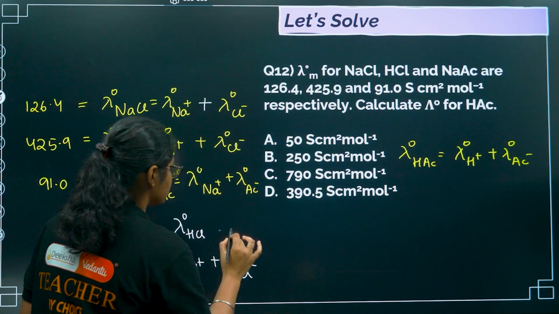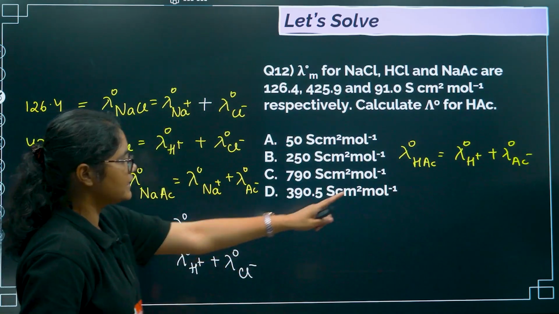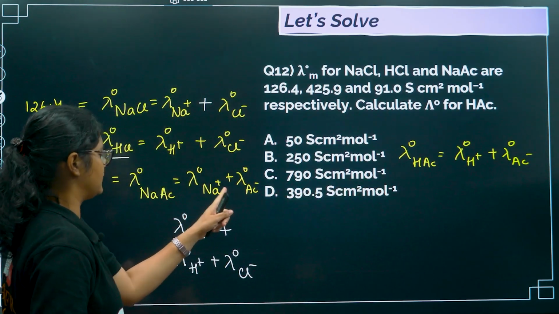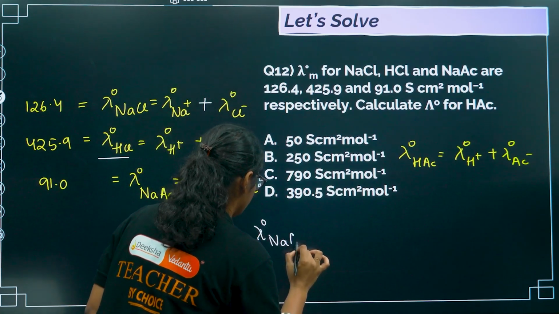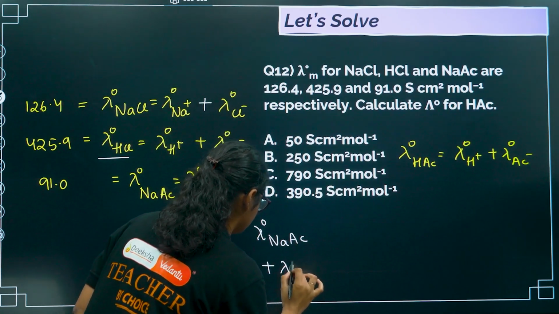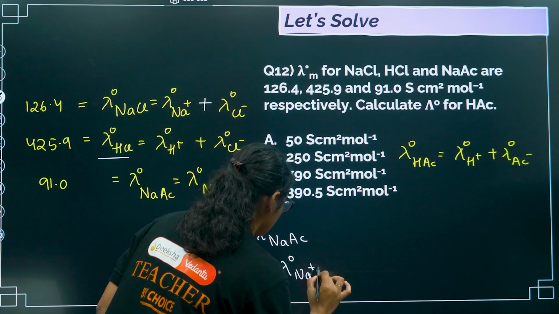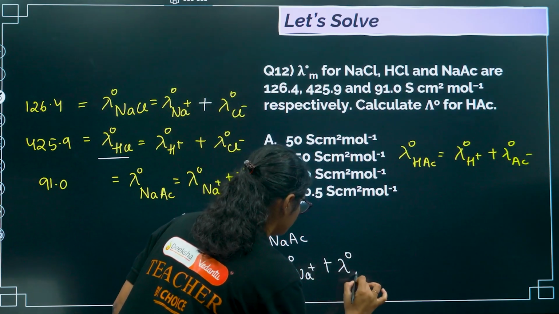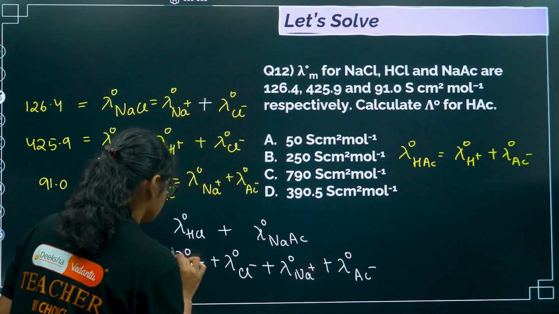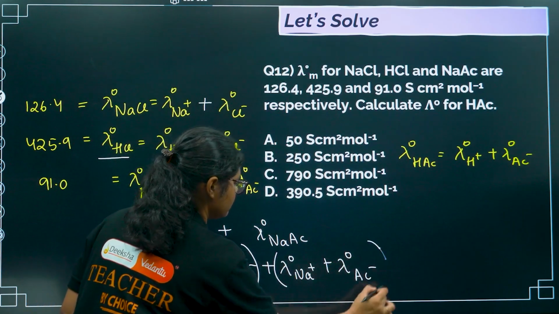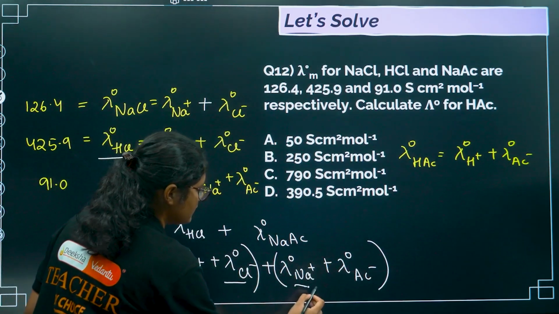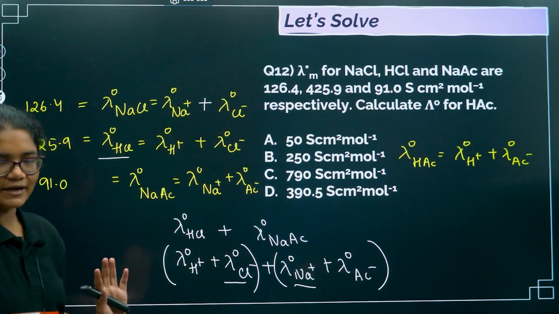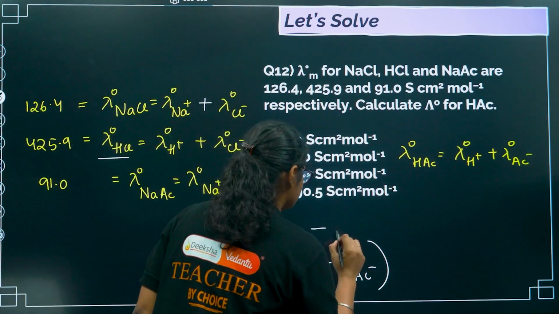Next I need Ac. Where is Ac available? Here, so we'll take lambda naught of NaAc, which gives lambda naught of Na plus and lambda naught of Ac minus. So I get H plus and Ac, but what extra is formed here? This Na plus and Cl minus, right? So that is why I will subtract this part.